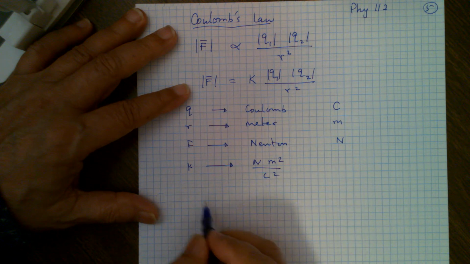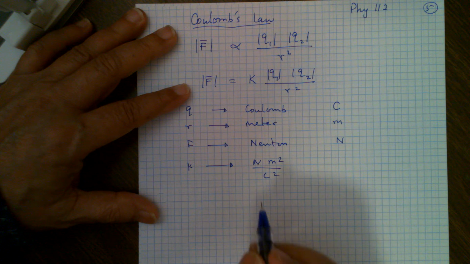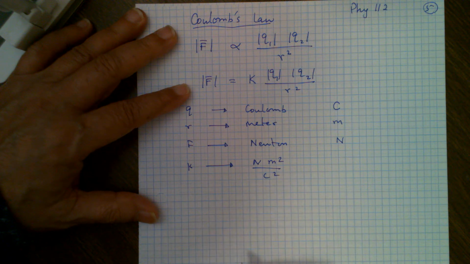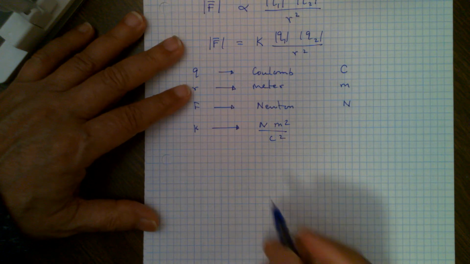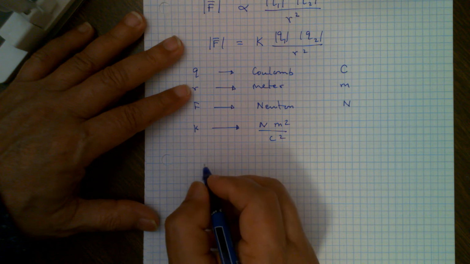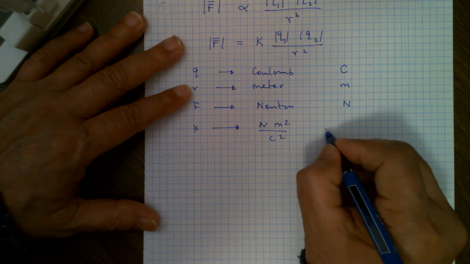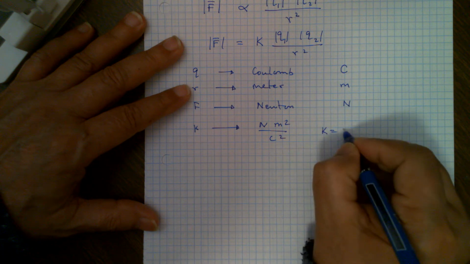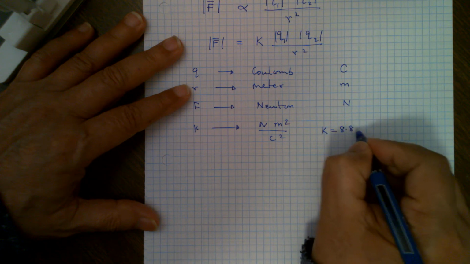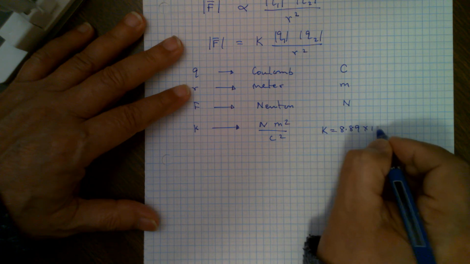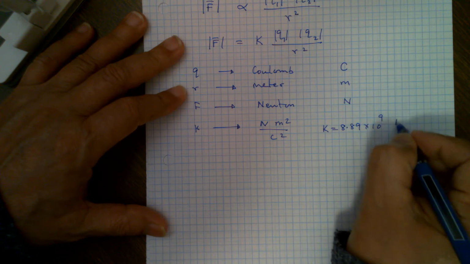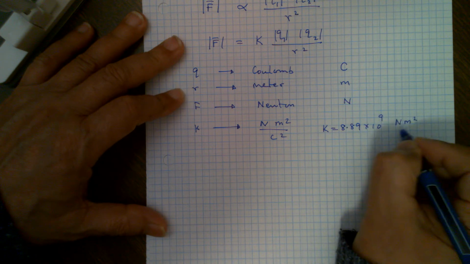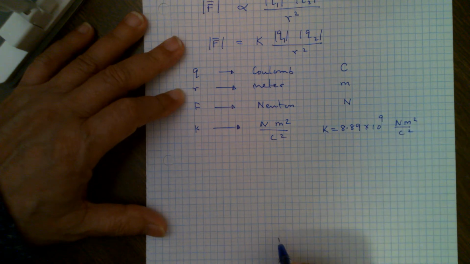The constant K will have units newton meter squared per coulomb squared. There's a precise number that we have measured from experiment: K is equal to 8.89 times 10 to the power 9 newton meter squared per coulomb squared.